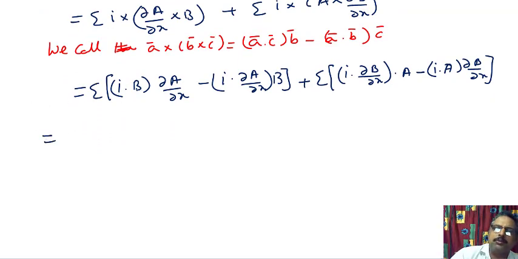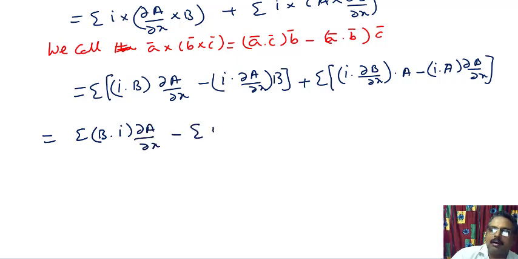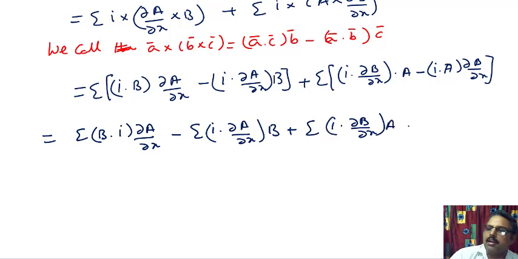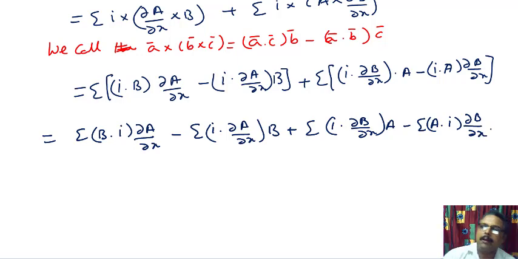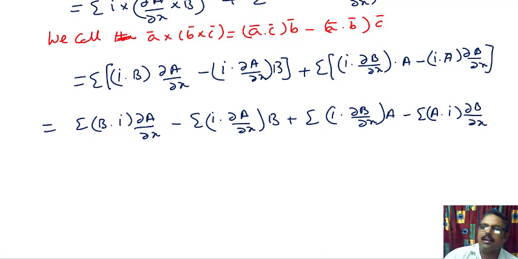Now interchange these two: sigma B dot i into dou A by dou x minus sigma i dot dou A by dou x into B plus sigma i dot dou B by dou x into A. Same here, interchange these two, A dot B equals B dot A, so I will write it as dou B by dou x. Okay, fine. Now final.